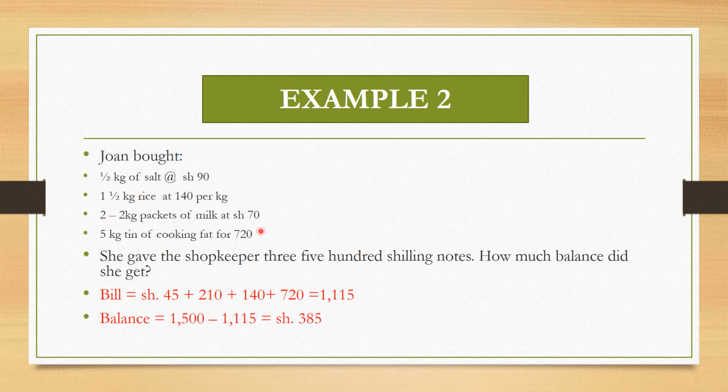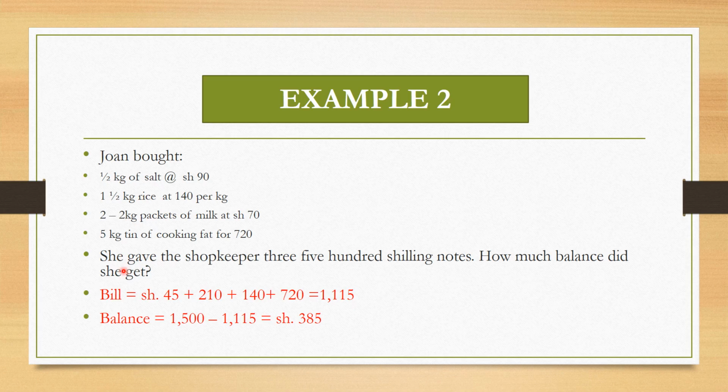So 2 times 70 is 140, and then the last one is a 5 kilogram tin of cooking fat for 720. So for represents the total cost for the 5 kgs, that is 720, and Joanne's bill is 1,115.